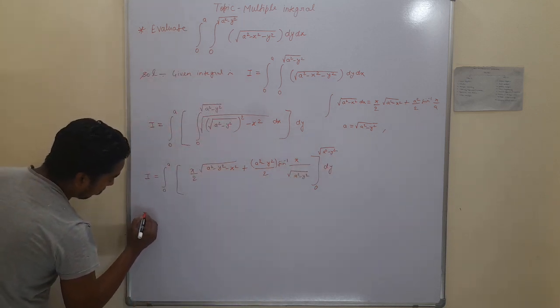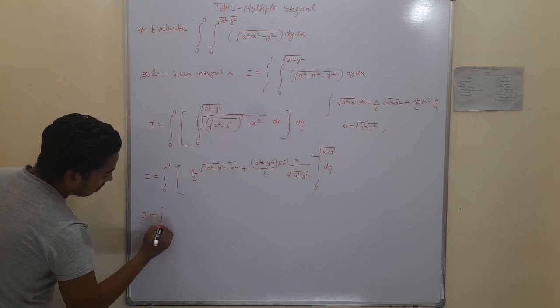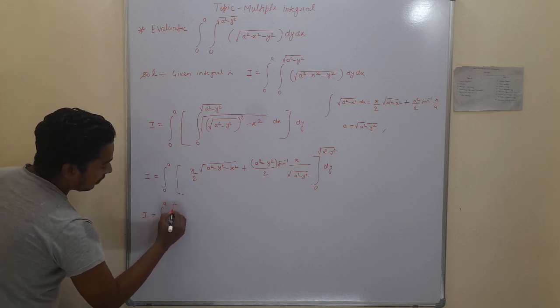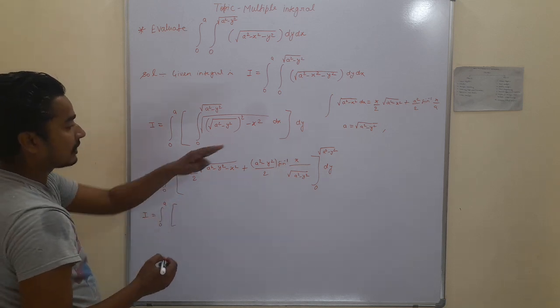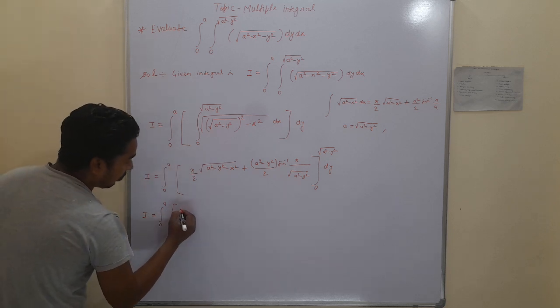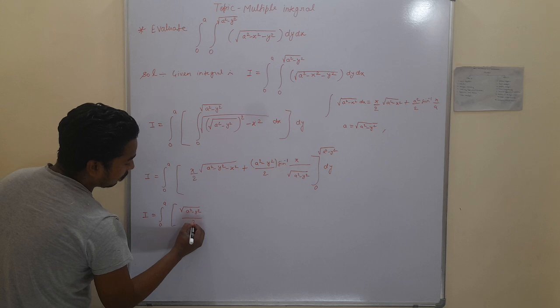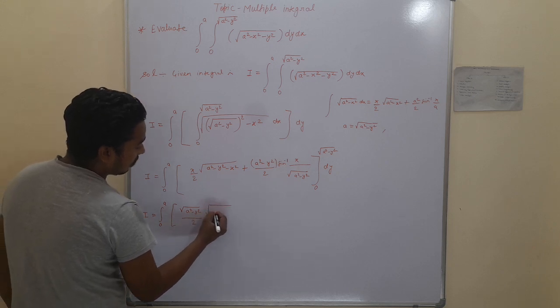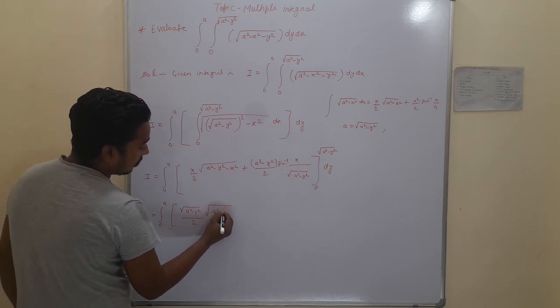So we have I is equal to the integral with limits 0 to a, and here we put the limit in place of x. We have to put in square root of a squared minus y squared upon 2, square root of a squared minus y squared in place of x, and once again a squared minus y squared.